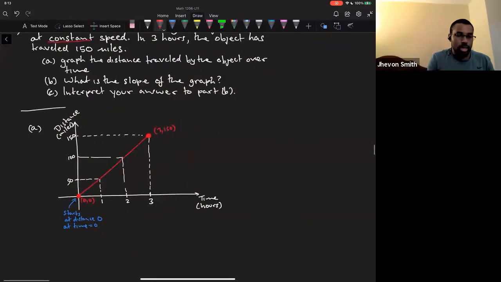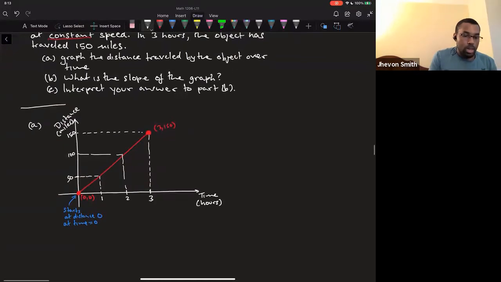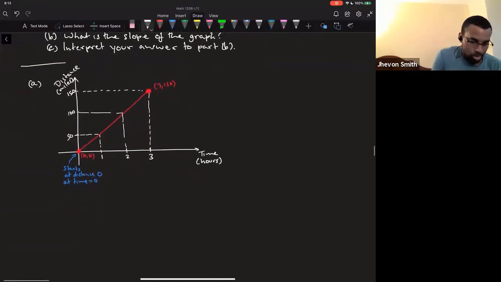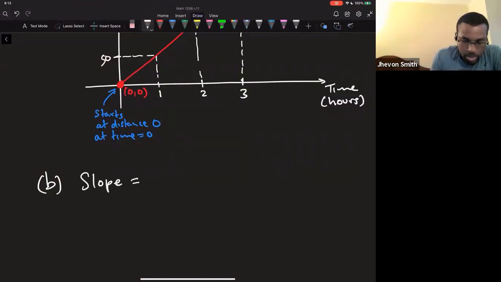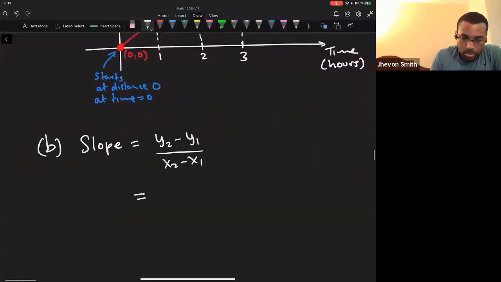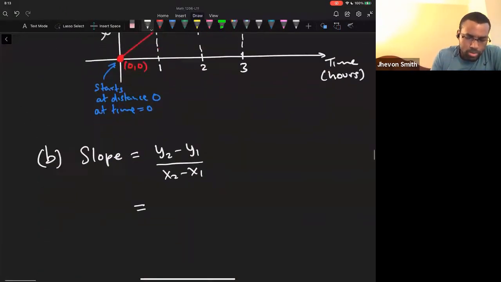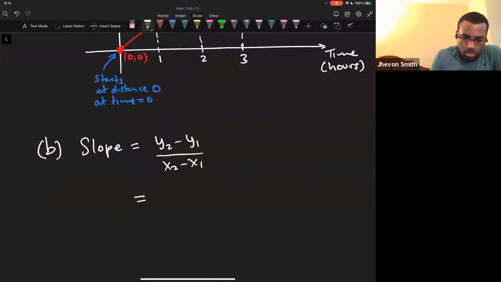All right, cool. Now B, the question is, what is the slope of the graph? Obviously the graph is a straight line. I know how to measure the slope of a straight line. We all know since algebra class. So the slope is going to be y2 minus y1 over x2 minus x1, which is 150 minus 0 over 3 minus 0.